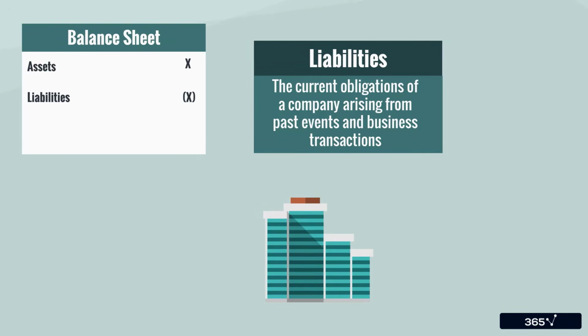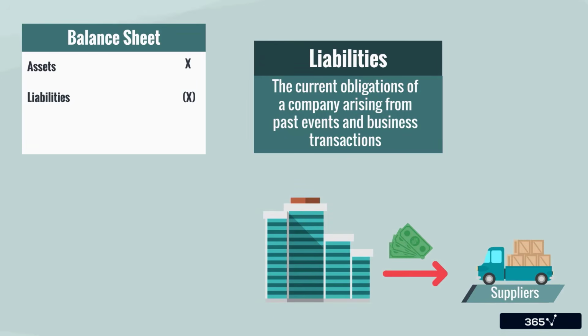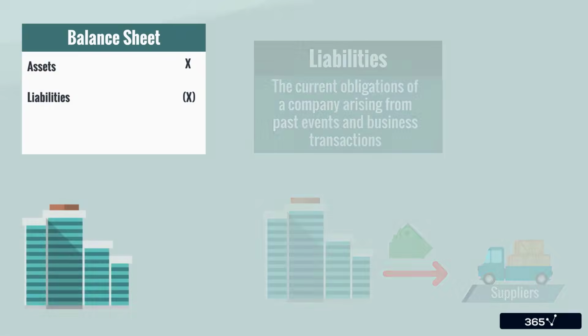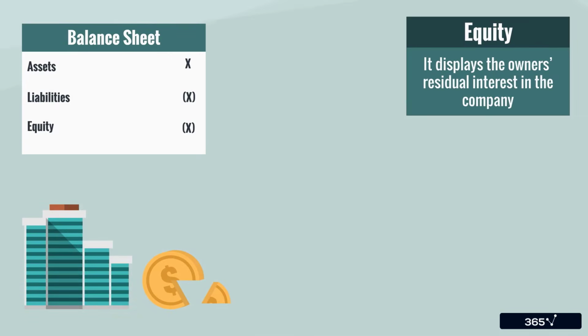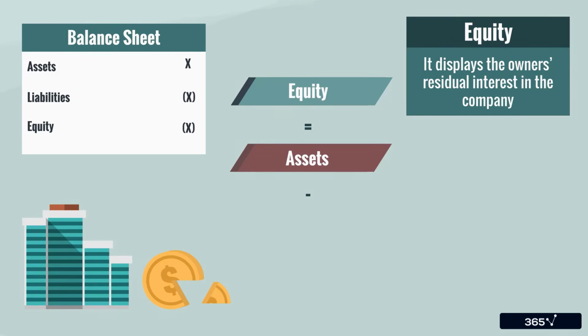The settlement of these obligations is expected to result in a future outflow of economic benefits from the entity. And finally, we pick up on the equity section. It merely displays the owner's residual interest in the company. As such, the equity amount equals the difference between total assets and total liabilities.